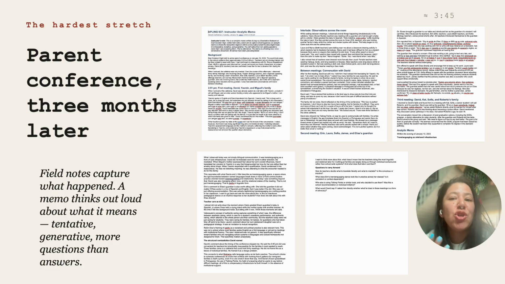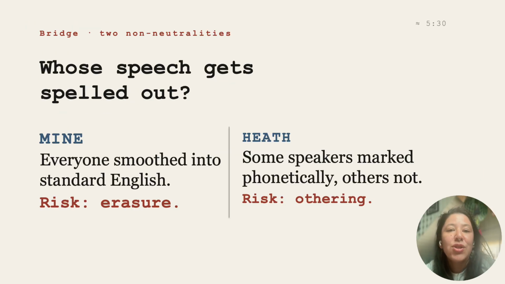So here is why I show you this right before our discussion. David is making constant choices about what to translate literally and what to mediate. And those are representational choices, the same family of decision as how I spell my teachers' speech and how Heath spelled hers. So now I want you to turn this into the move you will make in the discussion board.